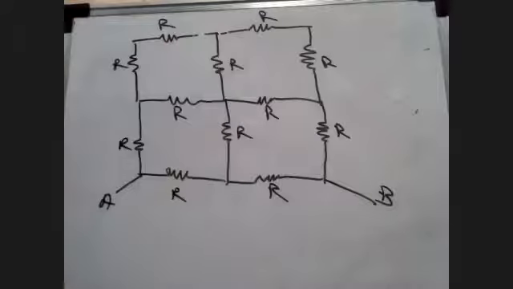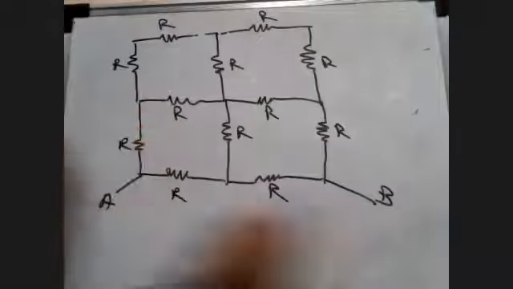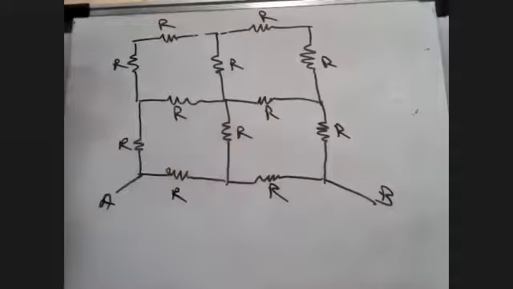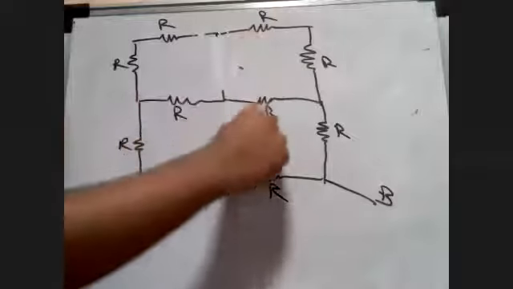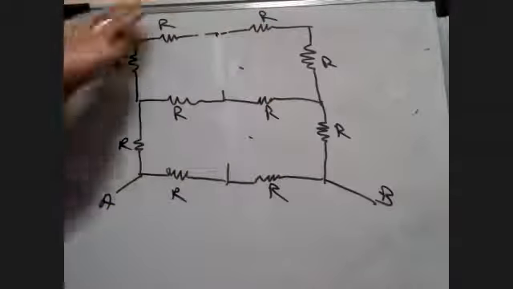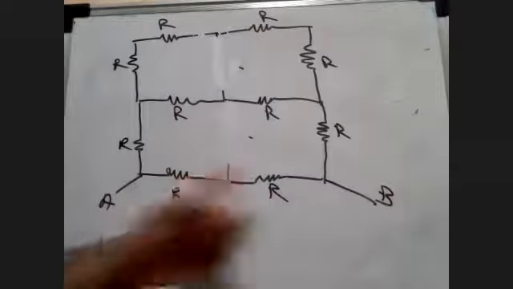That is as easy as I can explain. The branch which is being folded across A and B will have zero current passing through it. So if I remove this resistor here and this resistor here, tell me what is my equivalent circuit now. You all can find out. 1, 2, 3, 4. 4R over here, 2R over here, and again there are two resistances here.